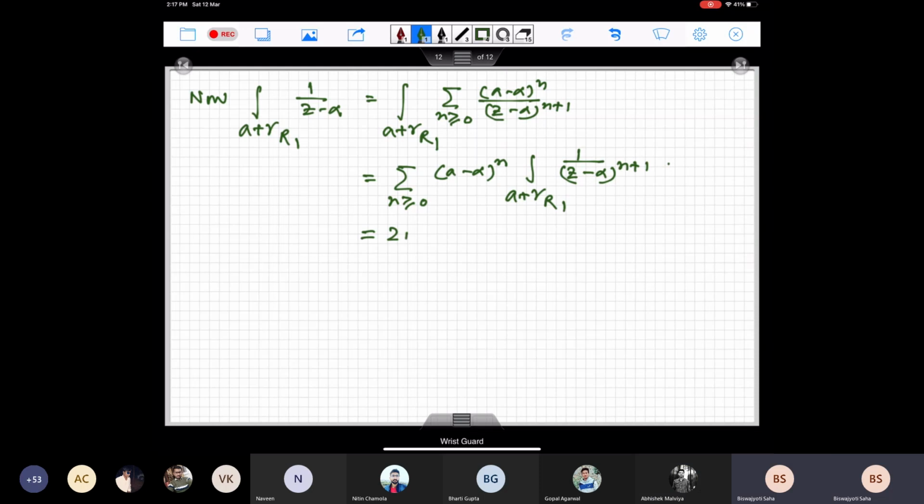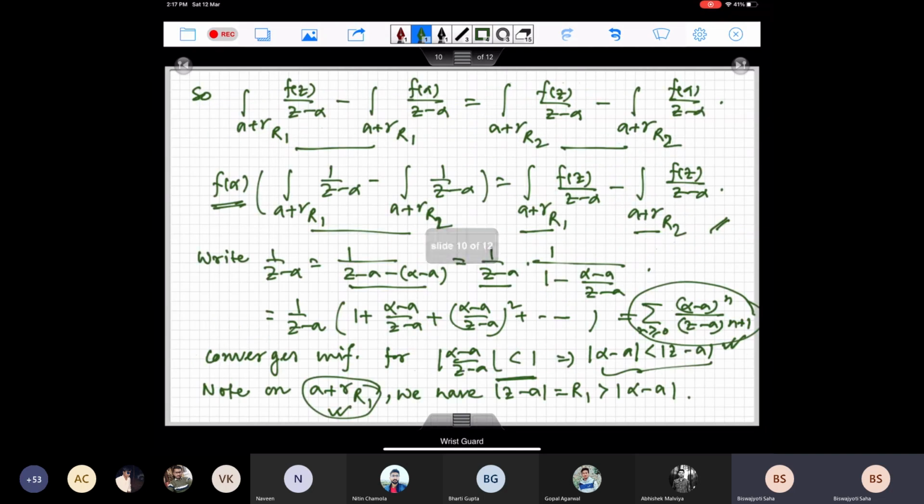So this is 2 pi I. Of course, n equal to 0 means there is no a minus alpha. So only for the n equal to 0 term, this integral is going to survive, which is going to give you 2 pi I. And for all other terms, this integral is going to be 0, primarily because you know already this has a primitive. So this integral is 2 pi I.